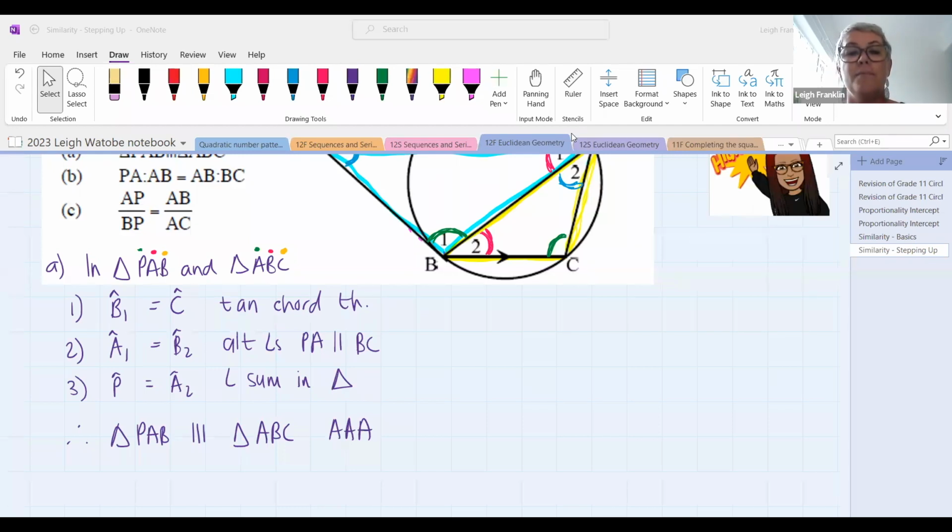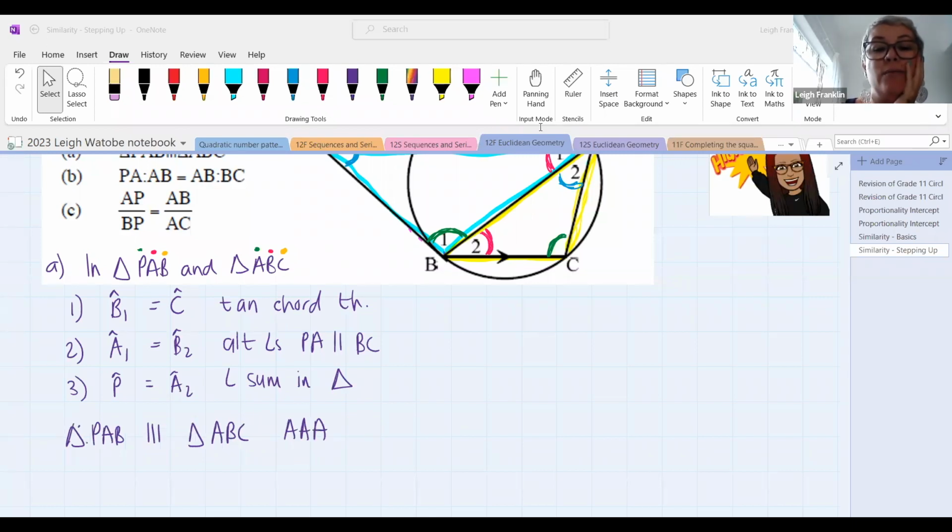Nice, okay. So now on to the next part. Who remembers what the next thing that we need to do is? What am I going to write as a result of proving similarity? If you want to unmute and talk, you're more than welcome. What's the next thing that I need to write in order to be able to answer question B? Good, Lihle.